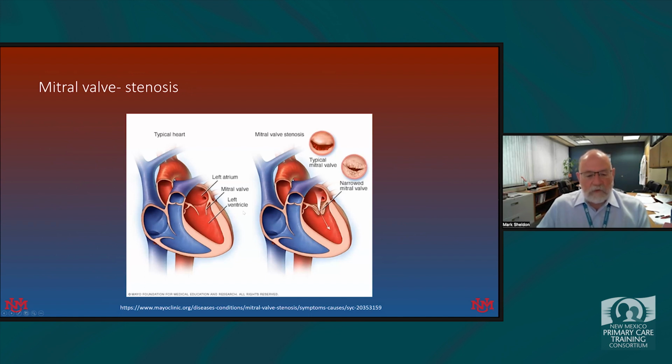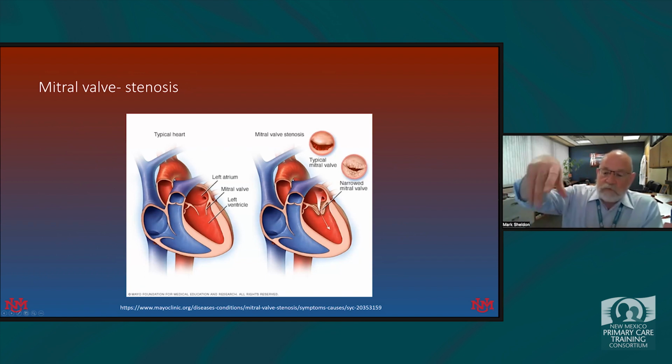This is a little cartoon. The left panel is a normal heart, depicting nice, fairly thin, mobile mitral valve leaflets. This is a patient with rheumatic mitral stenosis, looking at it from the atrium, so you're looking down at the valve here.